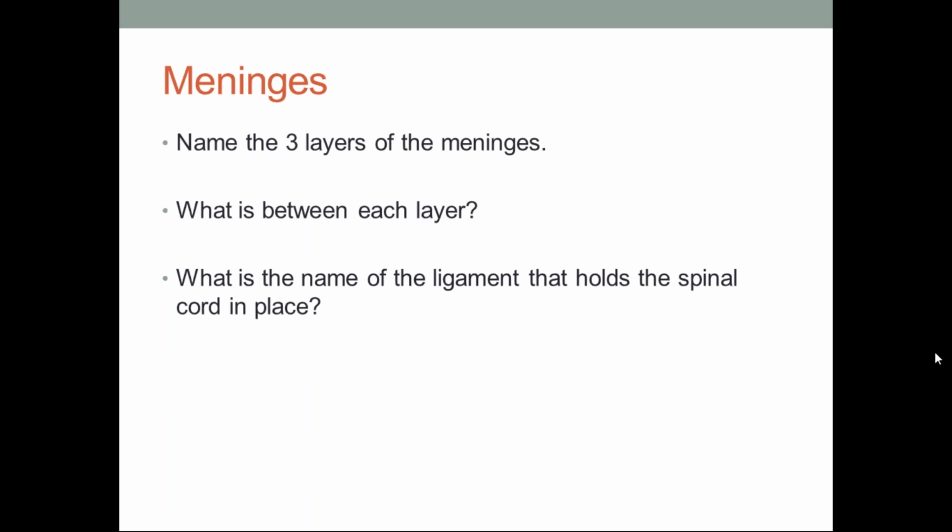Okay? And then what's the name of the ligament that's holding it all in place? Nope, a good try. Filum terminale is what holds it and anchors it down to the coccyx.